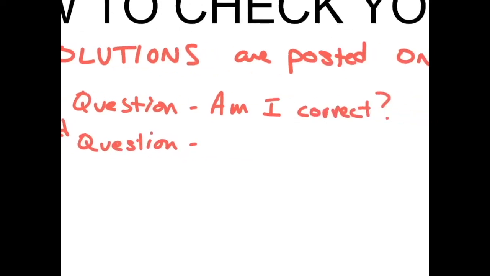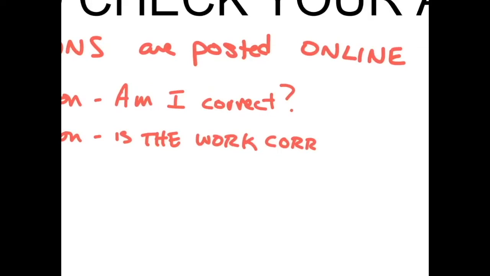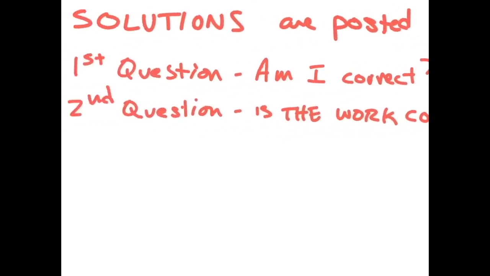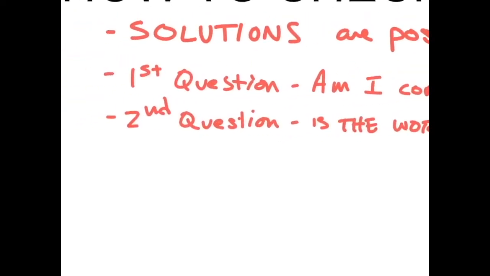So does the work that I have, or my logic, match what the teacher has? It's important that to get from point A to point B, your work is logical and correct.